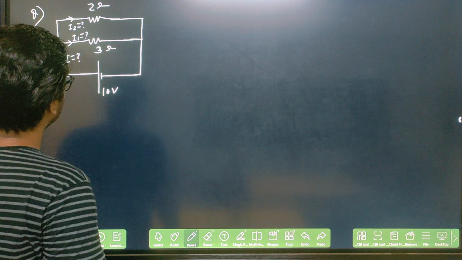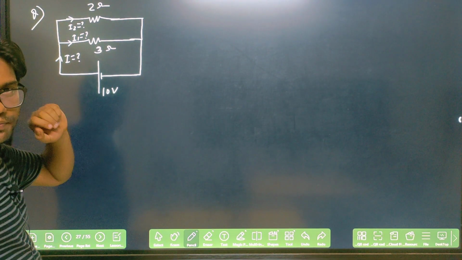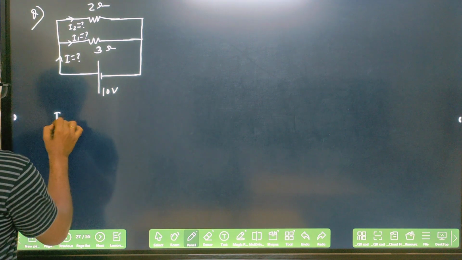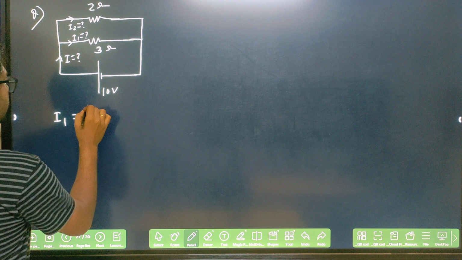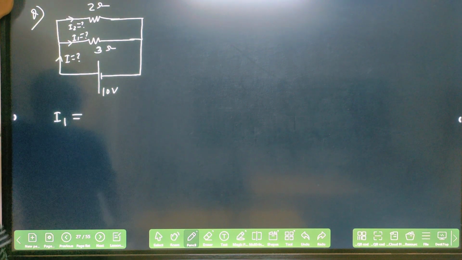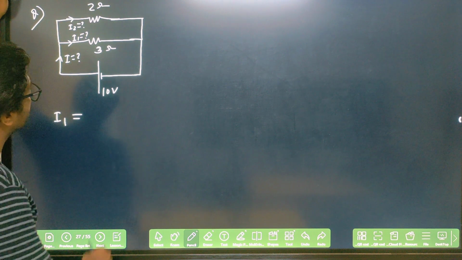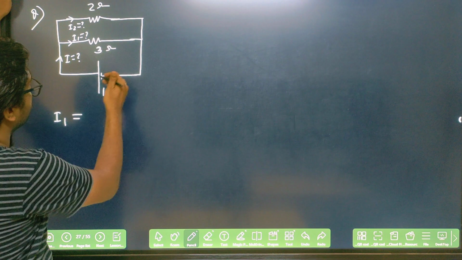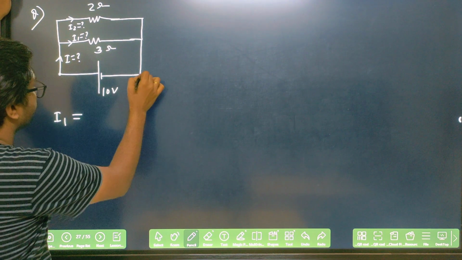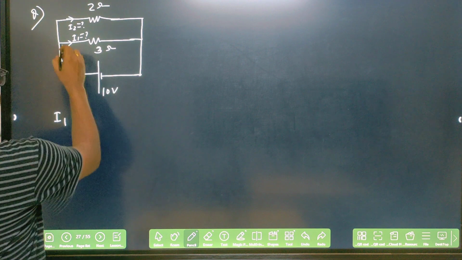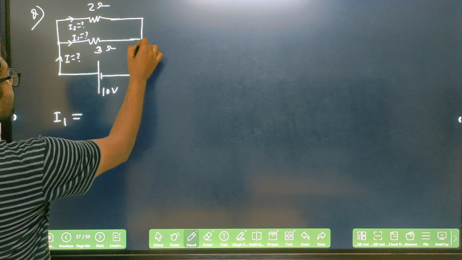So you can easily find I1 and I2 here. I1 can be found as V by 3 ohm. How much potential will be here? If this is 10 volt, here also the drop will be 10 volt.